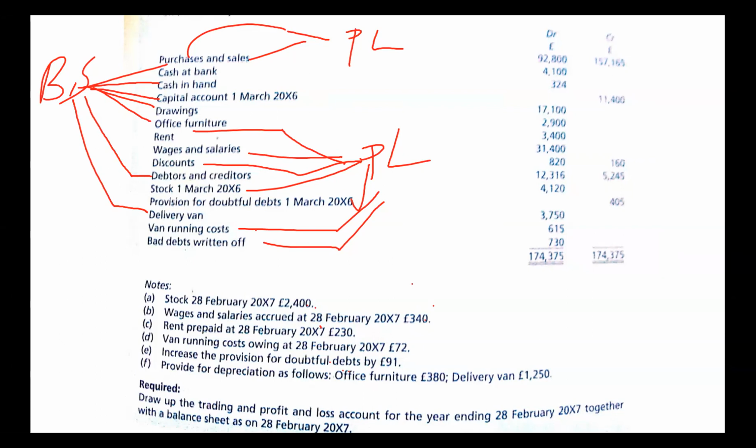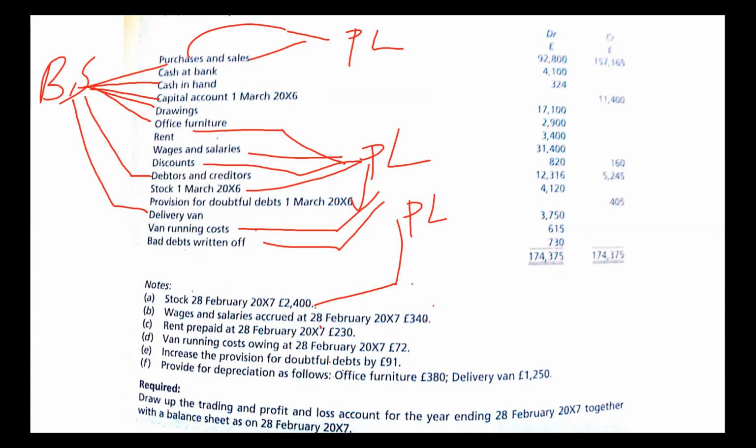So let's have this one. This is the stock as of 28 February 2017, which is the closing stock. And we know that the closing stock goes in the trading account, that is, in the profit and loss account. We have got the wages and salaries accrued. Accrued expenses are an addition to expenses under concern.